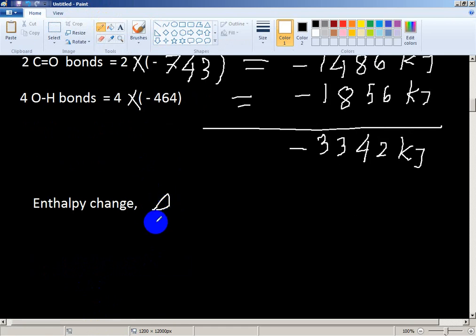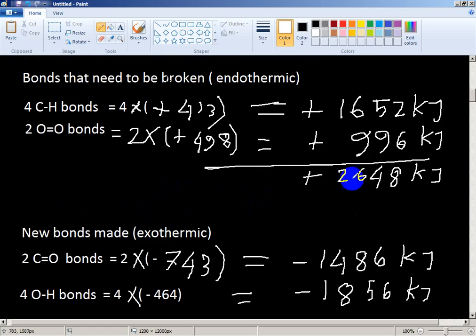I write here delta H. This is delta H. Okay, so here you write this one. At first you write bond breaking energy. You have to write sign also. In this calculation you should write sign. When we write 2648, we don't need a sign at first, but during the enthalpy change calculation you must write sign, plus sign, minus sign.